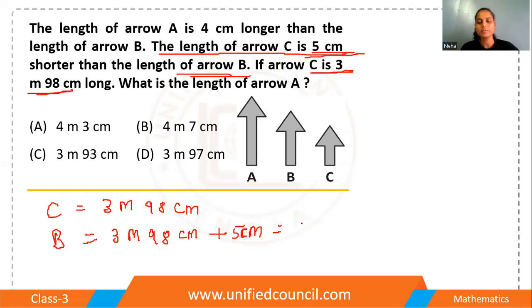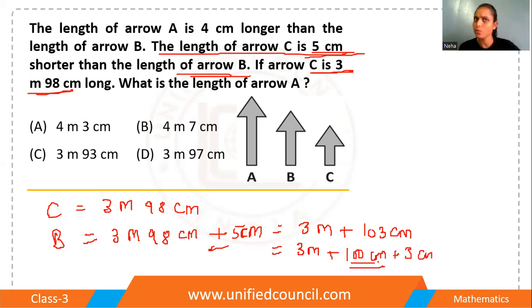Yeah, so this becomes 3 meter plus. Just add the centimeter with centimeter. So 98 plus 5 is 103. This is 100 centimeter. Yeah, and this I can write 3 meter plus 100 centimeter plus 3 centimeter, because 100 centimeters is nothing but 1 meter, correct? So this is 1 meter plus 3 meter, this is 4 meter.